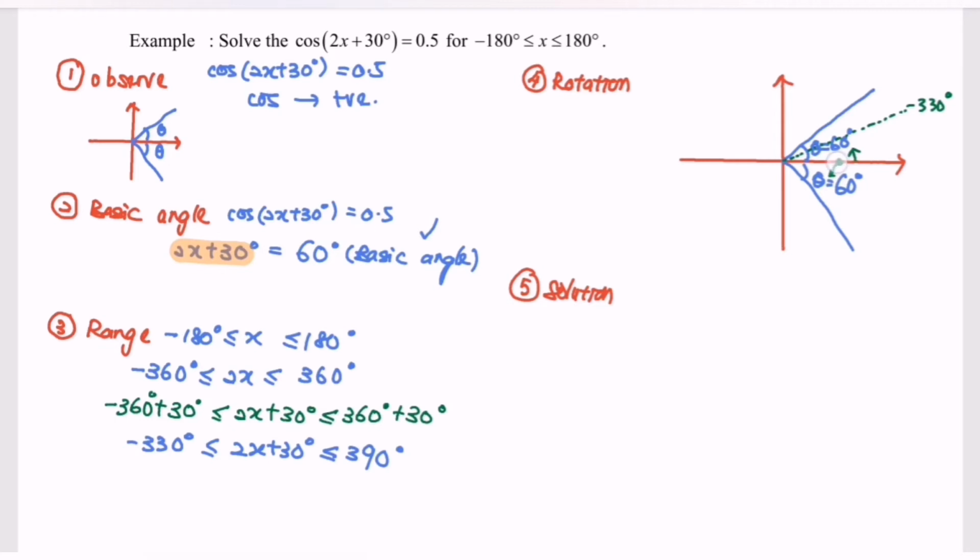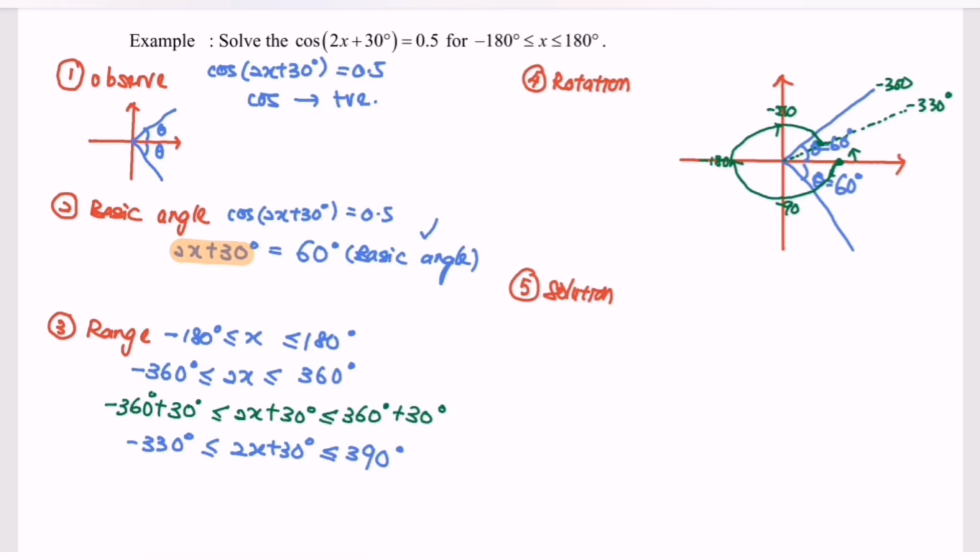From this part, if you move until this part, it will be negative 90. If you keep on moving, here will be negative 180, then negative 270, then negative 300, and if we keep moving until this part, we will have negative 330.